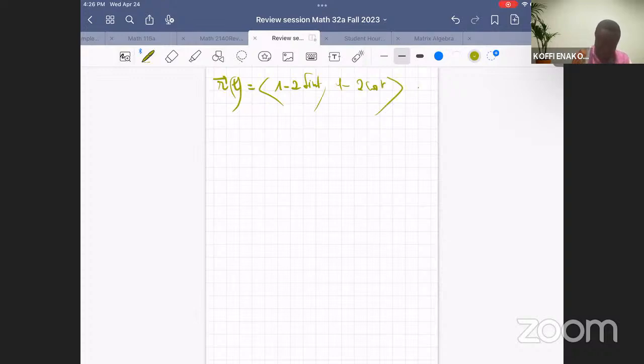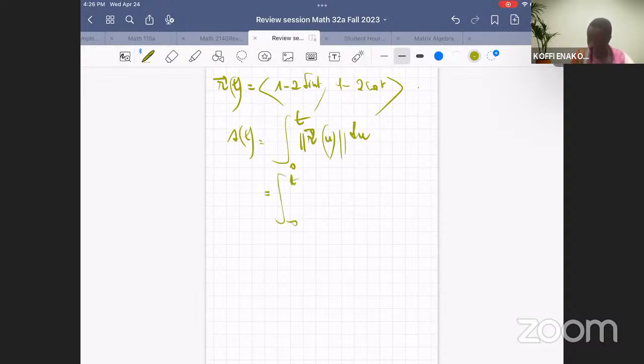Then finding the arc length parameterization means that we do s of t, the arc length function, the integral from 0 to t of the speed. I think we did this before. It's okay if I repeat it.